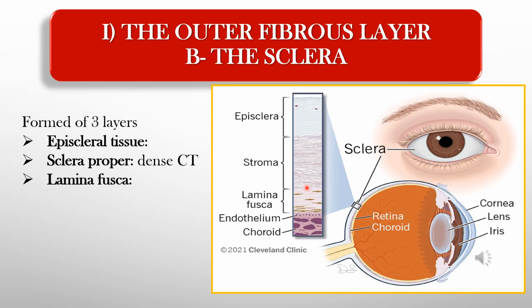It is a site of the extraocular muscles insertion. Finally, lamina fusca, formed of loose connective tissue with melanocytes, separated from the underlying choroid by the perichoroidal space.